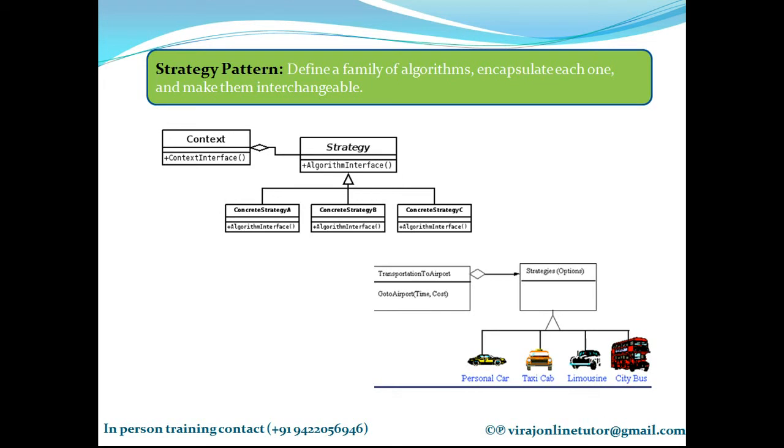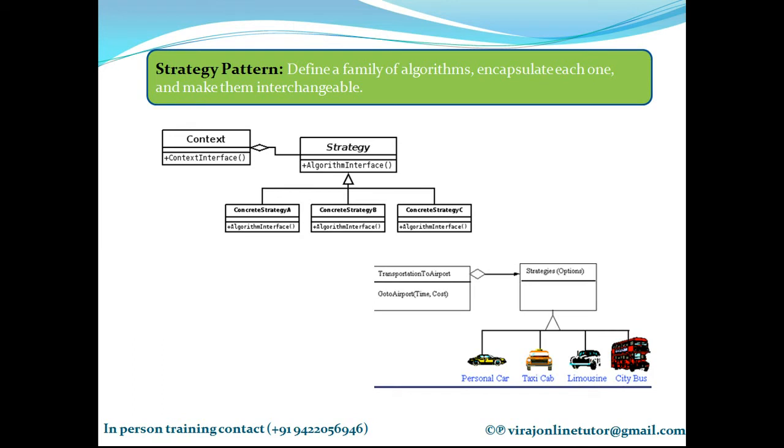Strategies are useful when you want to decide at runtime which algorithm to use. This is a very key point. Strategies are useful when you need to decide at runtime which algorithm you need to use. Strategy has three main components. So what are the three important components of a strategy design pattern?